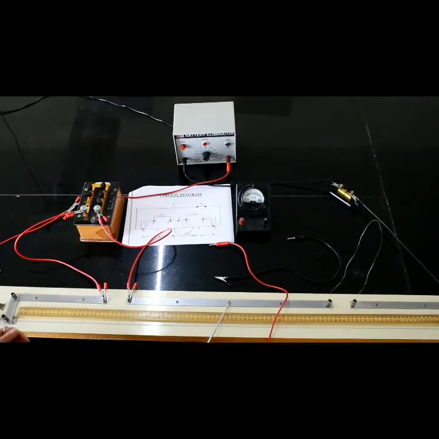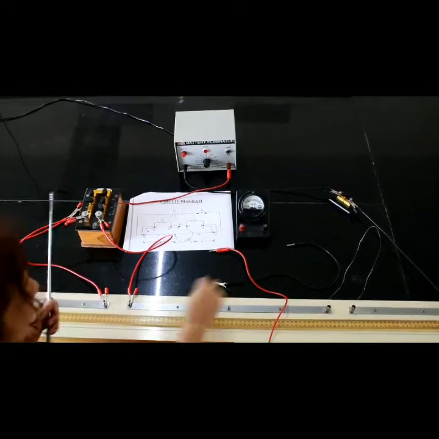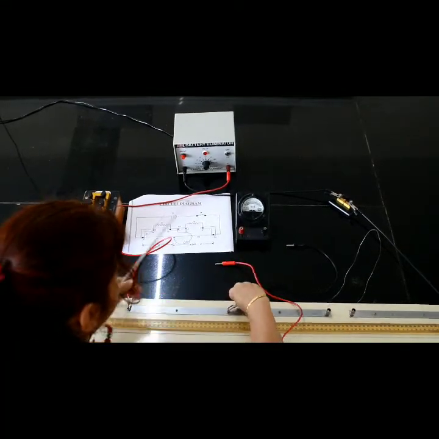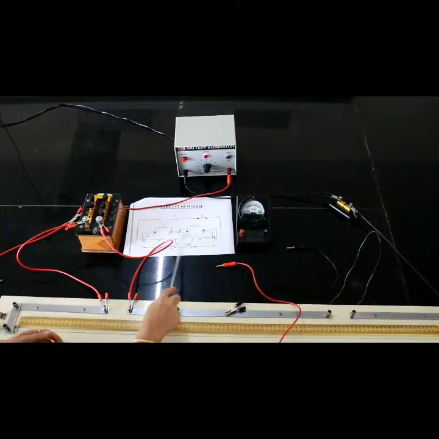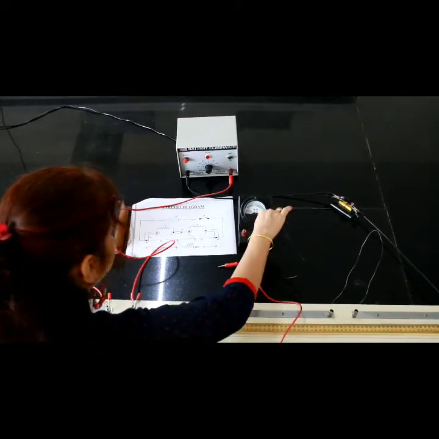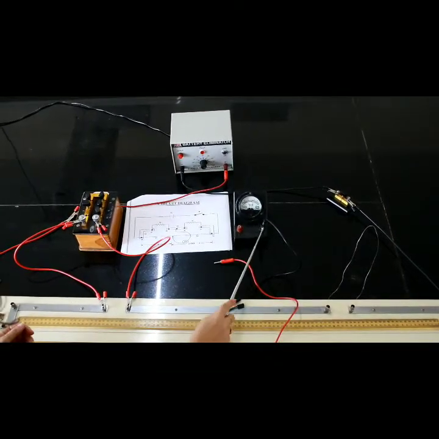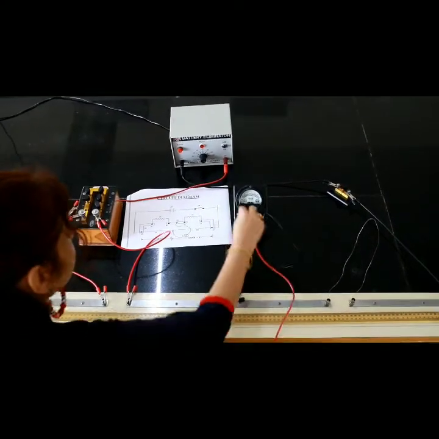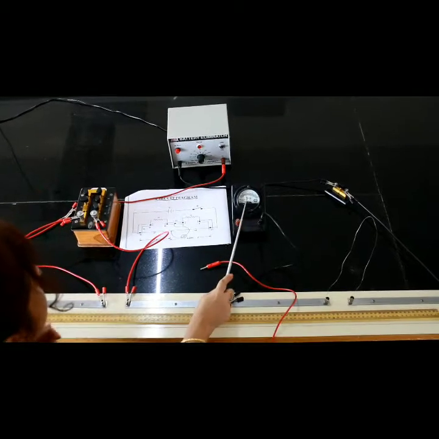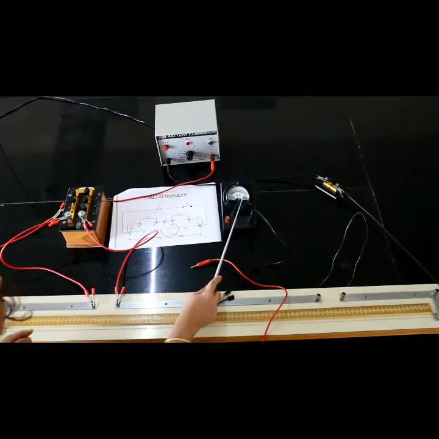So this is the terminal D, and from there we take a wire, and this is connected to one end of the galvanometer. I could choose plus or minus, it doesn't make a difference in these terminals, so I choose minus. Because the galvanometer is center 0, it is just the direction of the current.